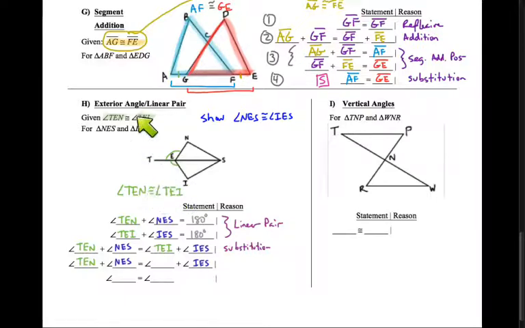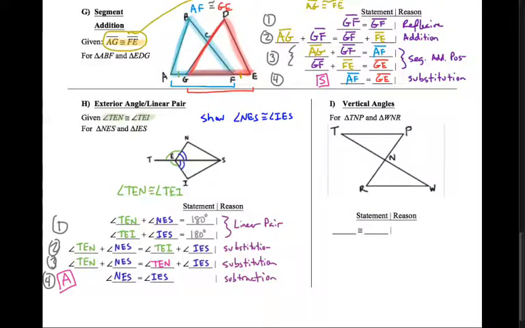TEN is congruent to TEI was the given. So can we change this TEI and make it TEN? Well, sure we can, because they're equal. And so that's what we do. That's called substitution. Now we can subtract, because we have the same thing on both sides of the equal, to get what we need to show that we finally have an angle that's congruent. How many steps are there in this one? 1, 2, 3, and 4.